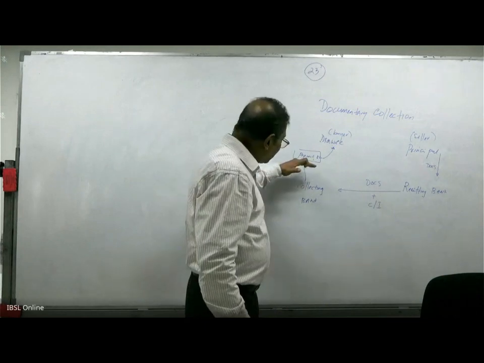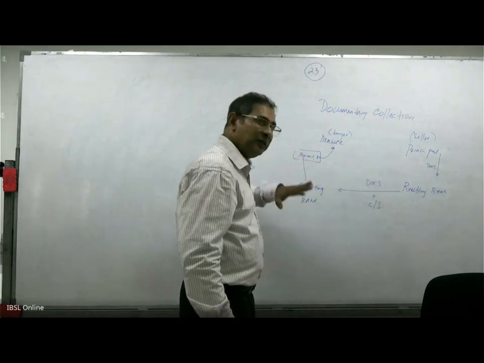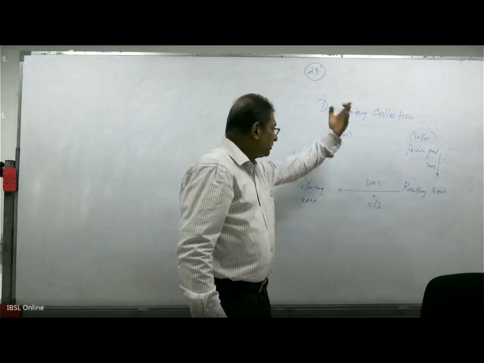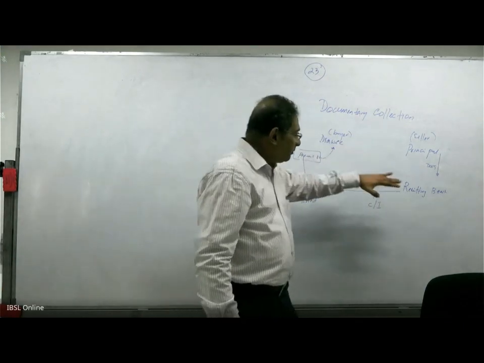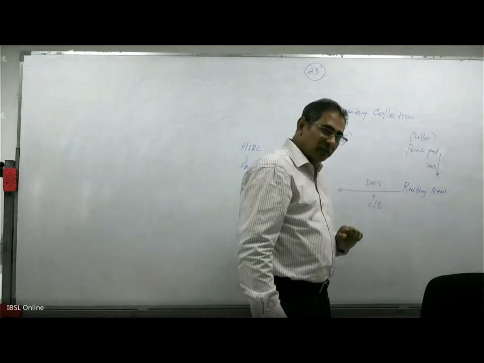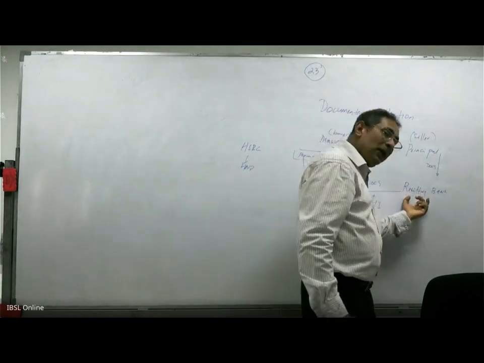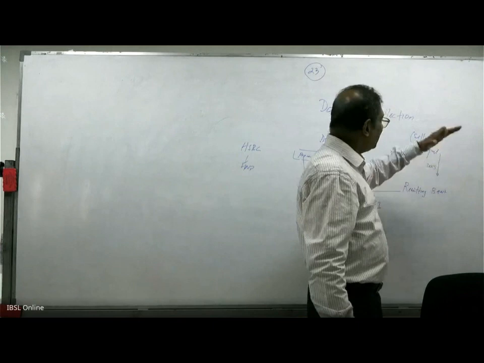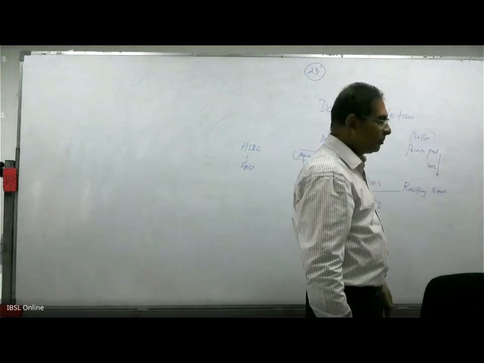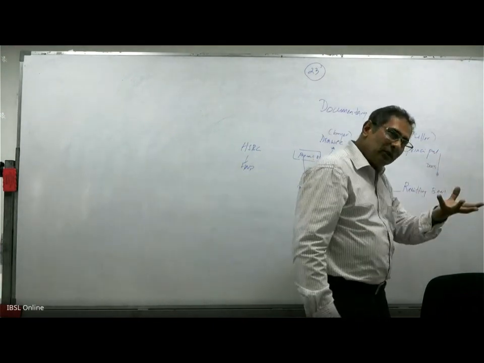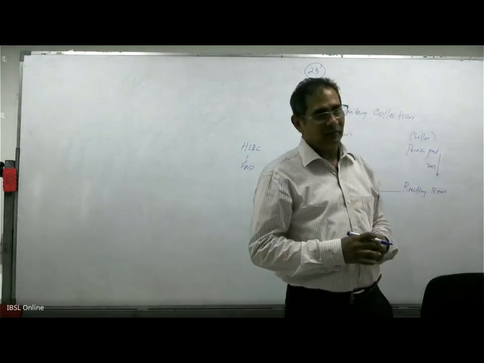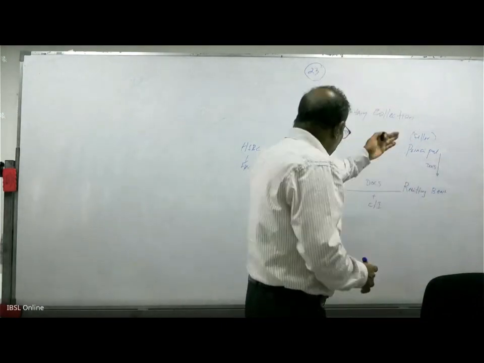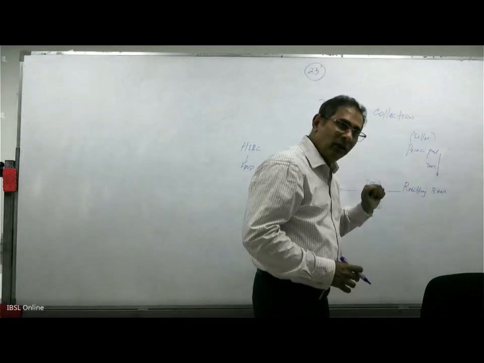The presenting bank is the collecting bank that delivers the documents to the drawee. The collecting bank is a bank other than the remitting bank that handles the collection order. The remitting bank is the bank entrusted by the principal to handle the collection order. The principal is the person who entrusts his banker, the remitting bank, to handle the collection on his behalf. So these are the parties to a collection order.